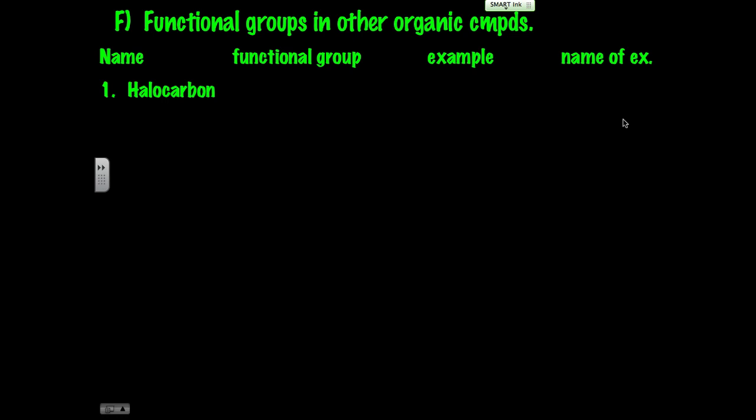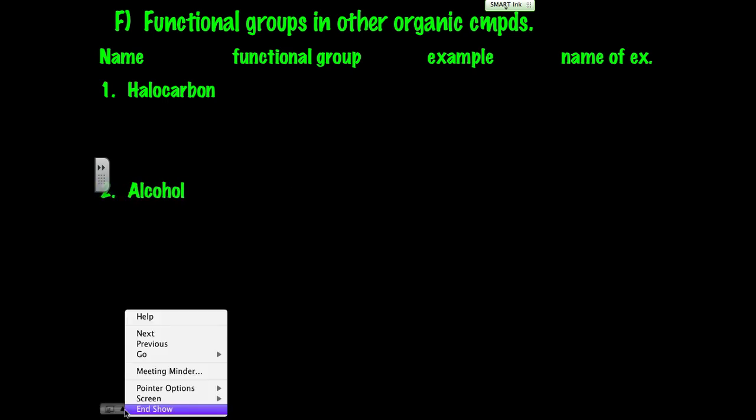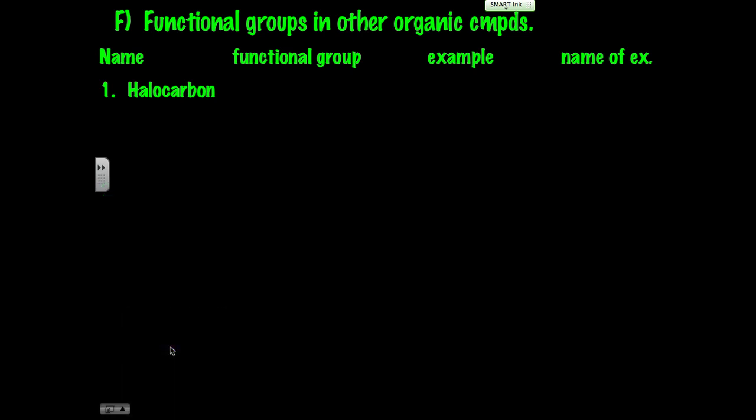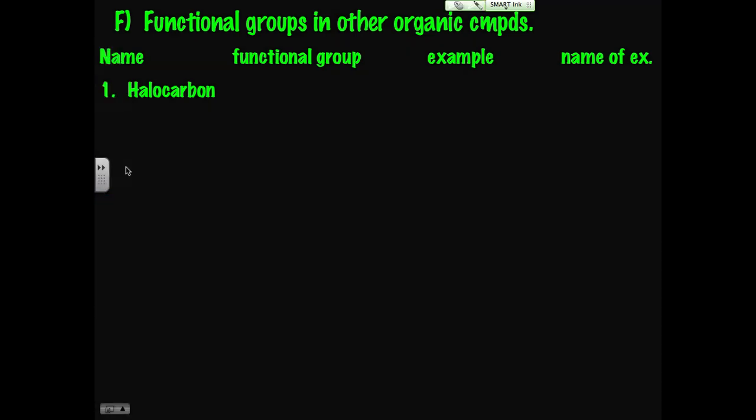All right, so the functional group, whoops, let me go previous. The functional group for a halocarbon is the R, and R is going to represent a carbon chain.